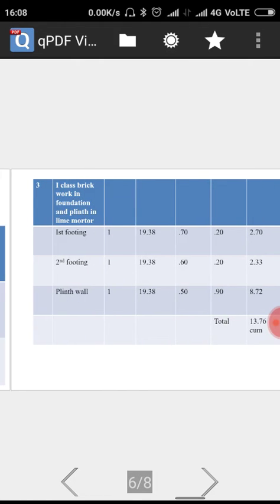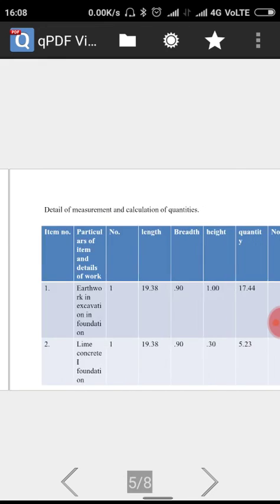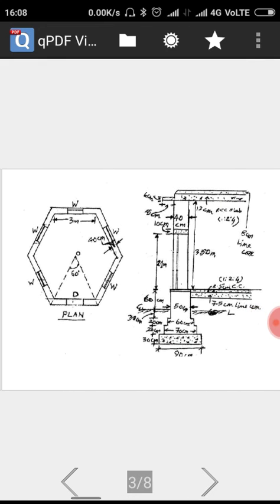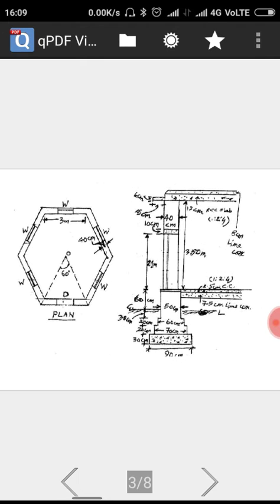The third item is first class brickwork in foundation and plinth in lime mortar. We have to calculate the brickwork for the foundation. Here is the first footing, here is the second footing, and the remaining portion is the plinth. The first footing is 20 centimeter, the second footing is 20 centimeter, and the plinth is 30 plus 60, that is 90 centimeter.